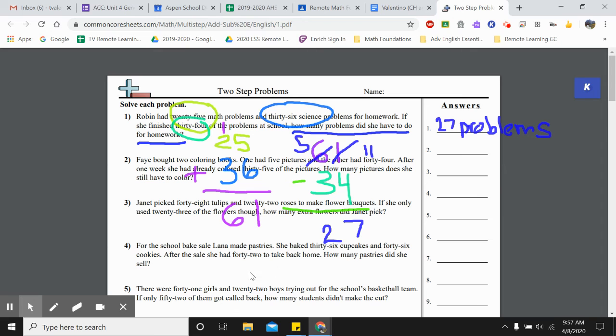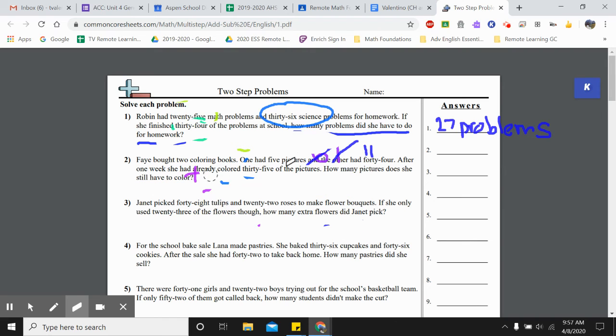So if we erase all of this, the key is to underline the question, circle the numbers, and then set up your two-step math problem.